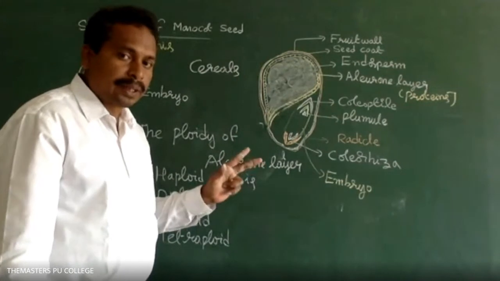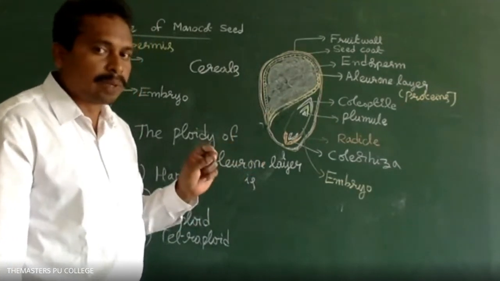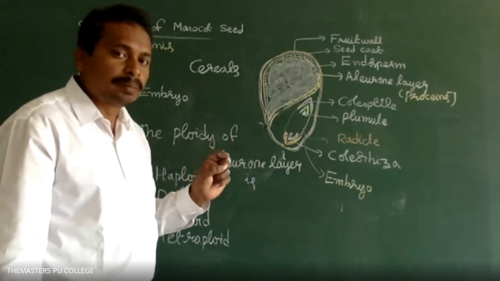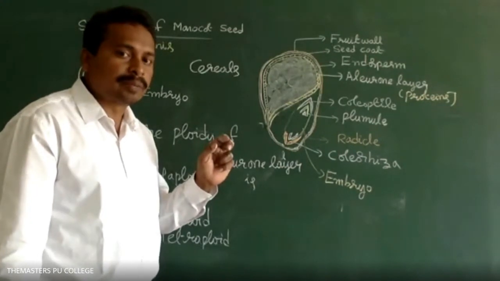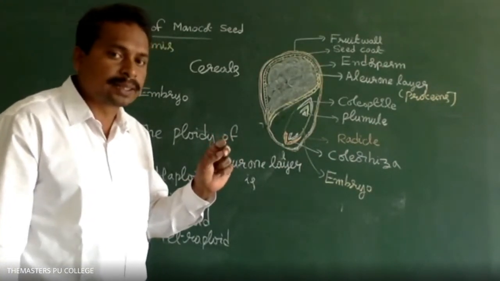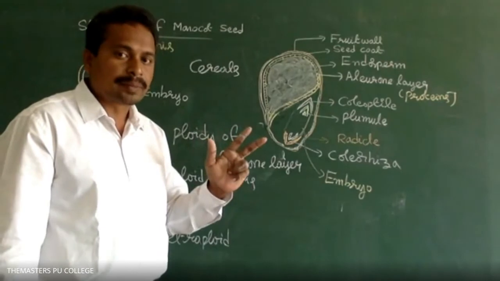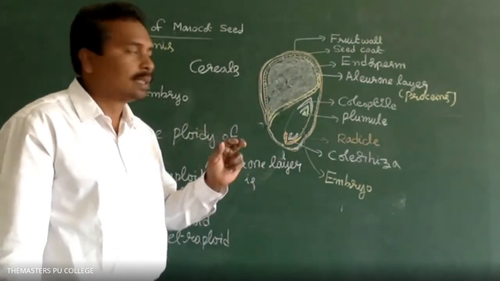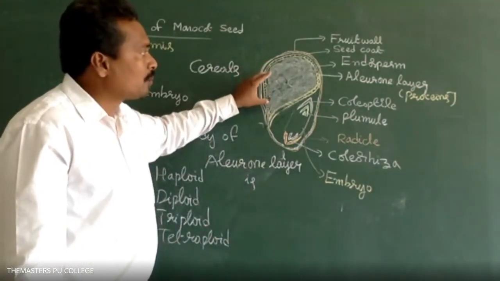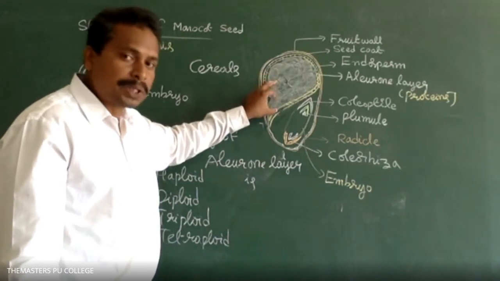Another male gamete fuses with the central cell to form the primary endosperm cell. The nucleus of the primary endosperm cell is called the PEN, the primary endosperm nucleus.